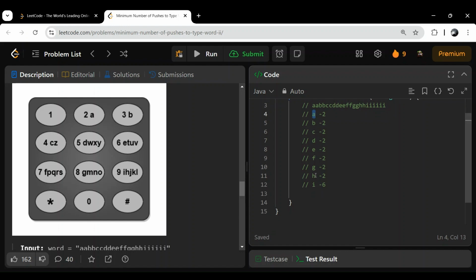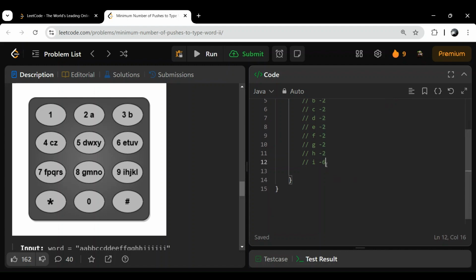But if a letter is on the second place of that number, then we have to push that number twice. So we consider the number of occurrences of each letter. Letter I occurs 6 times, so if we place I at the first position, then it is 6 into 1.